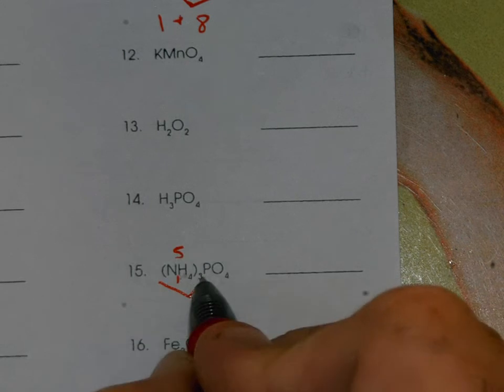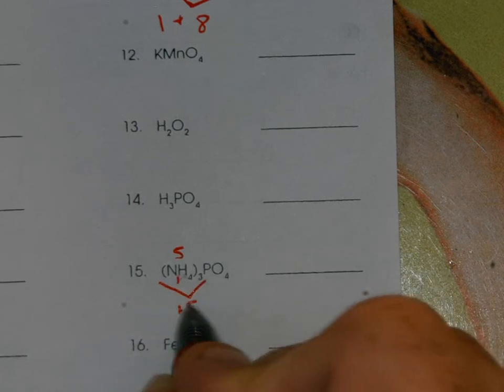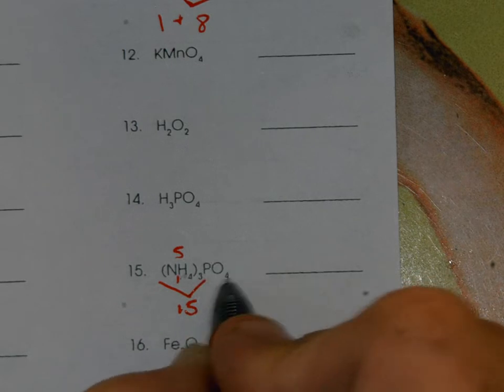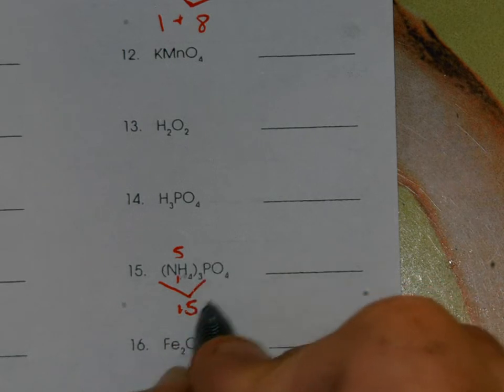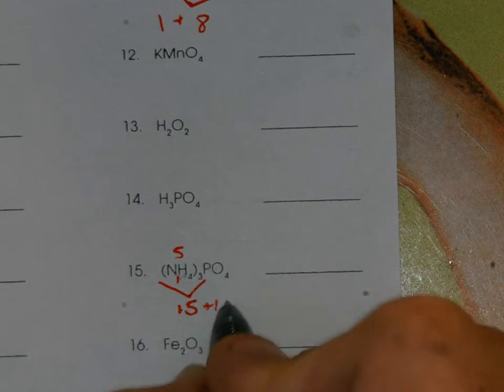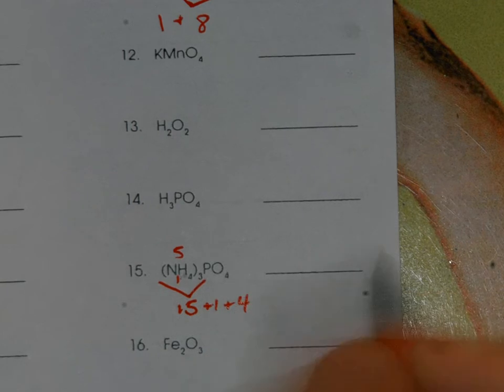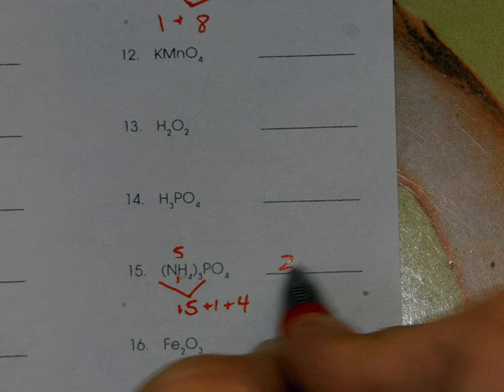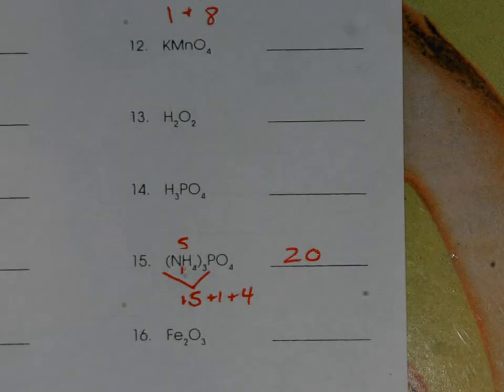So 3 times 5 is 15 atoms in those 3 ammoniums. Then we've got PO4. Okay, well then we've got 1 phosphorus, and then we've got 4 oxygens. So that's 15, 16, 17, 18, 19, 20 in there. So that's how you go through working those.